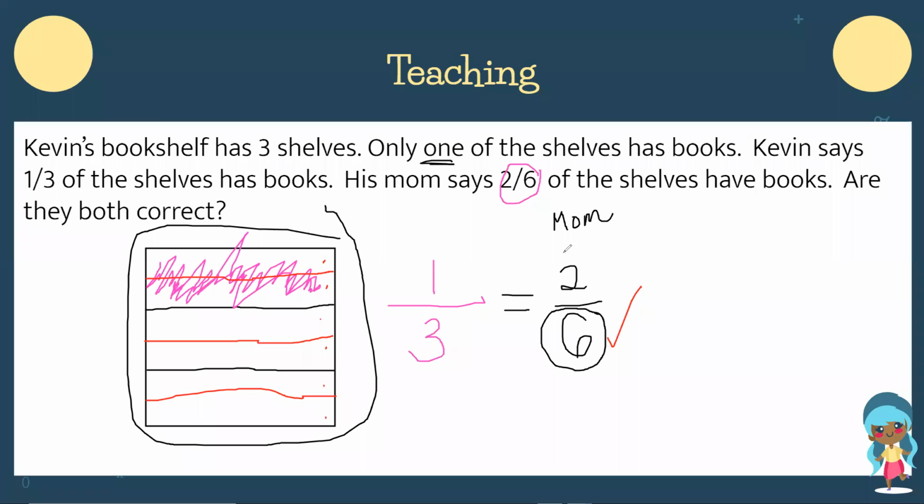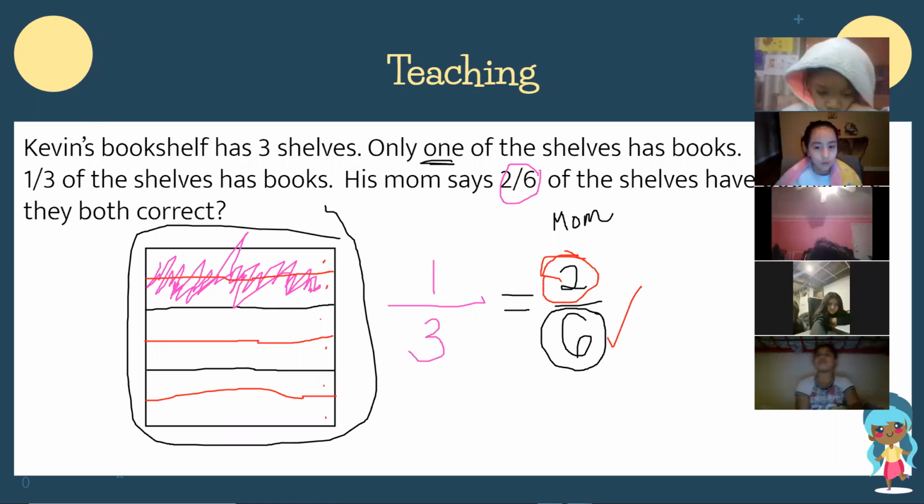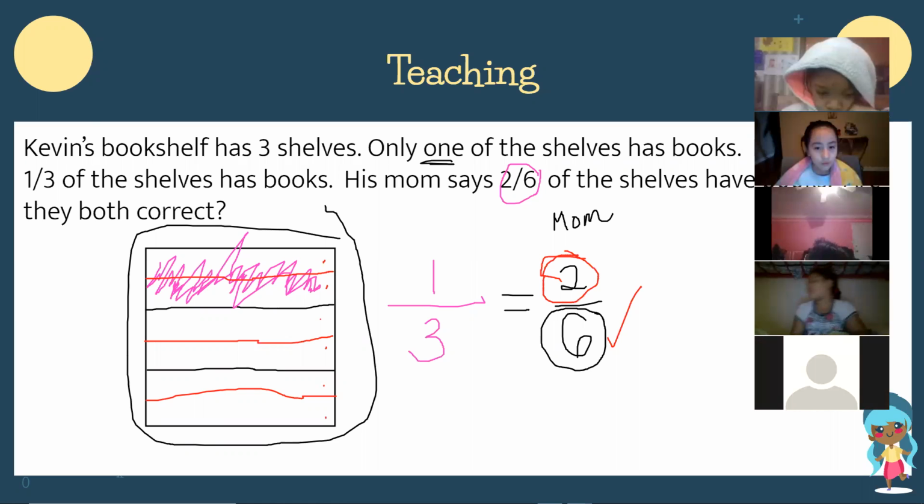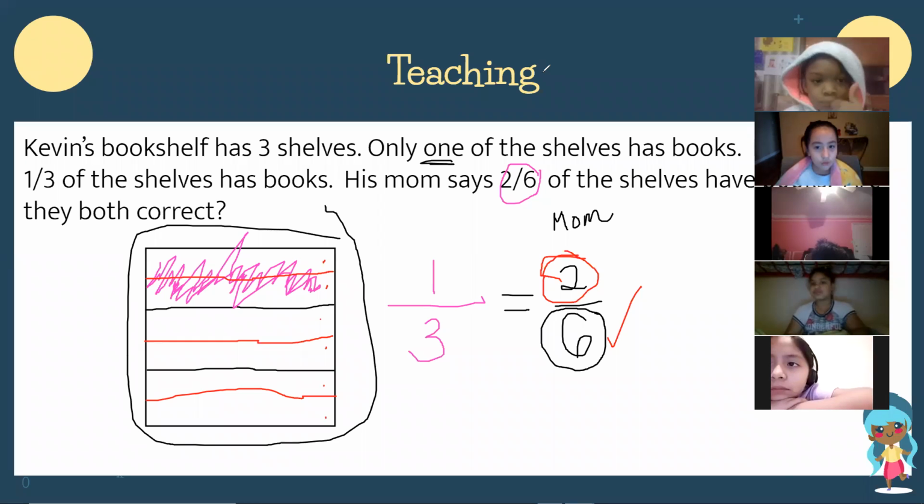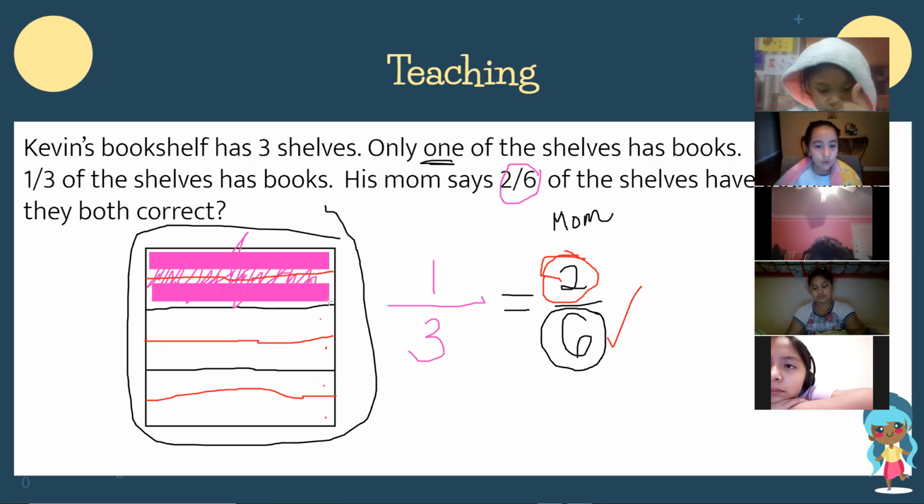Are 2 of the pieces now shaded? Sorry guys. Are 2 of the pieces now shaded? Put your thumb up if you think yes. Put your thumb down if you think no. Yes or no? Do you think there are 2 out of the 6 pieces shaded pink? Yes.